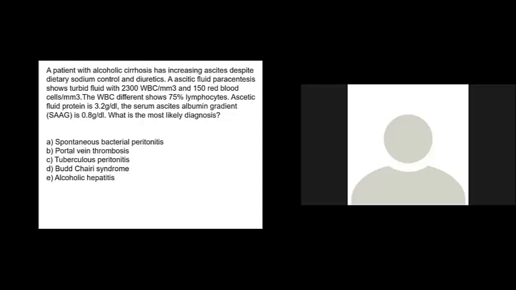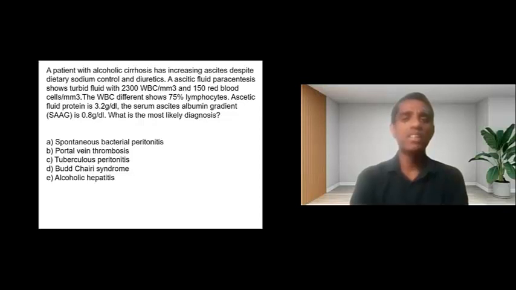Yes, sir. Serum albumin ascites gradient is 0.8 grams per deciliter. What is the most likely diagnosis here?